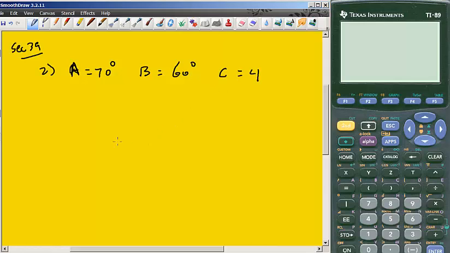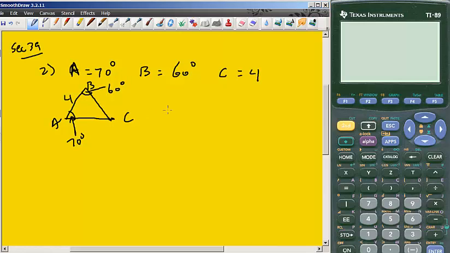Let's go ahead and draw our little triangle. We'll call this angle A, angle B, angle C. It's not a right triangle. Let's put in the angles we know: 70 degrees, 60 degrees, and side C is 4.